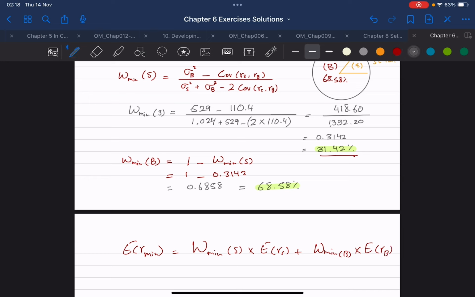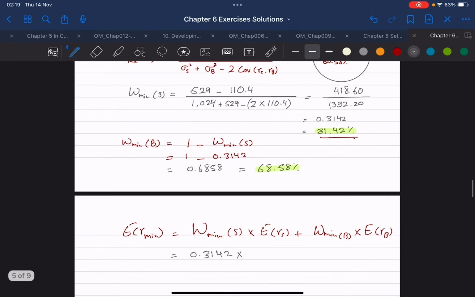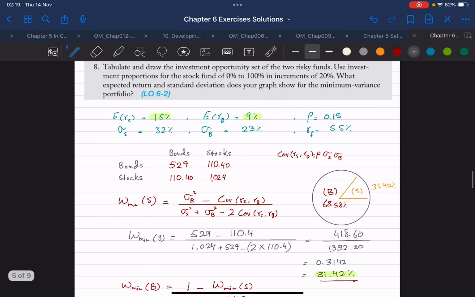Okay, and that would equal 0.3142, which is this, multiplied by the expected return on the stock fund, which is 15%, right here. I'll close this in a bracket, plus 0.6858 multiplied by the expected return on the bond fund, which is 9%.